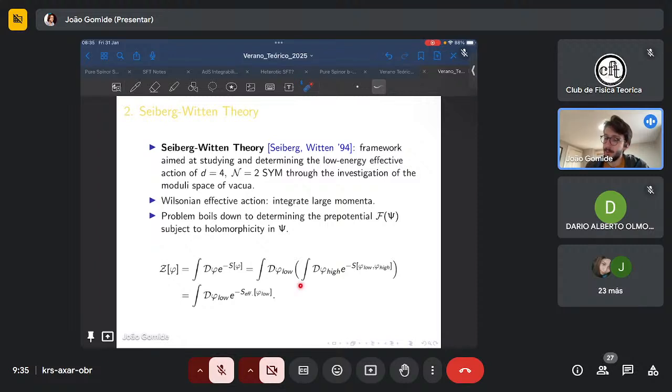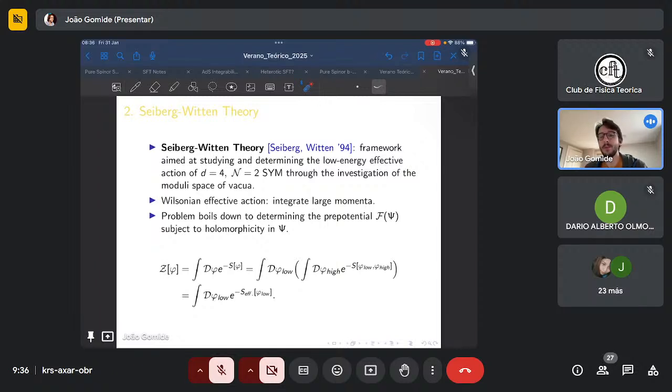When you perform this integration, in principle, you will rewrite your path integral as an integral over only the low energy modes of the theory with some modified action, which is this effective action, which I'm calling S_eff here.